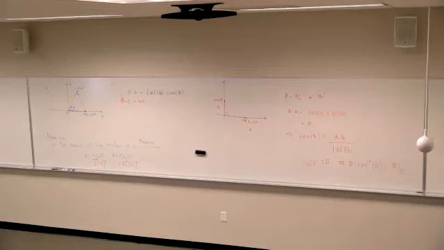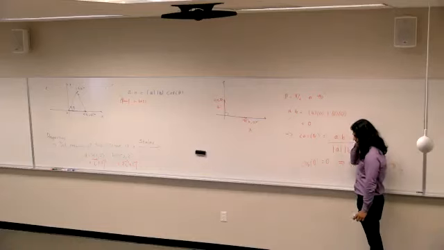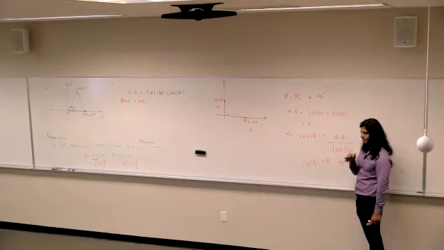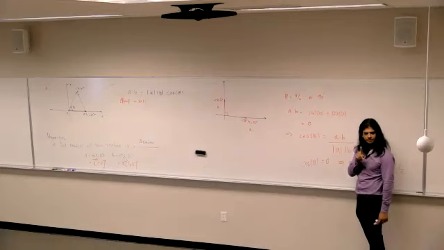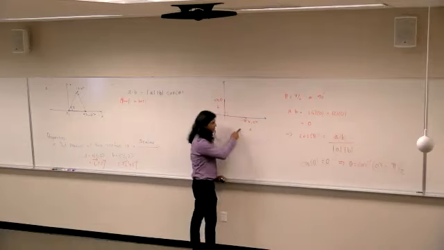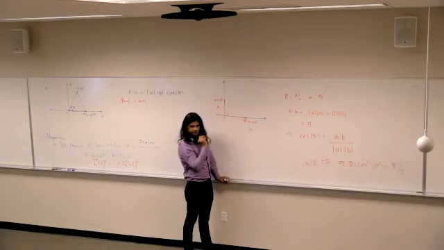Well, this is something that I wrote already. I vector dot i vector is 1. I vector dot j vector is 0. That is simply a scalar multiple of the basis vector for x.